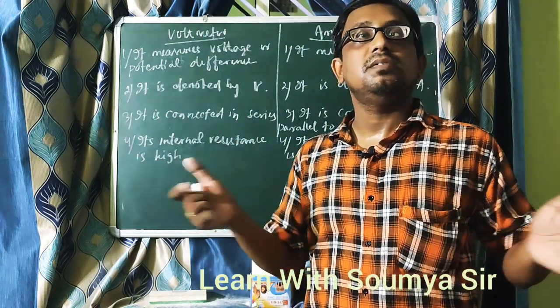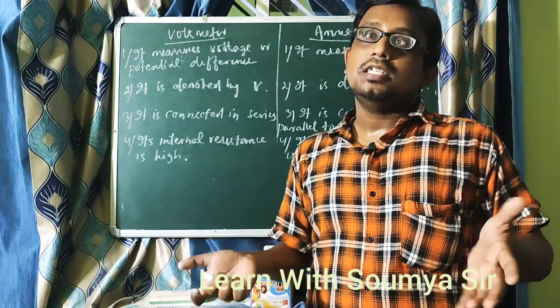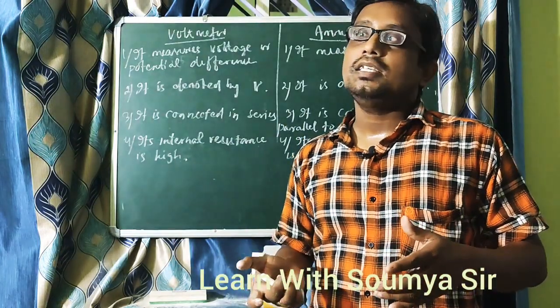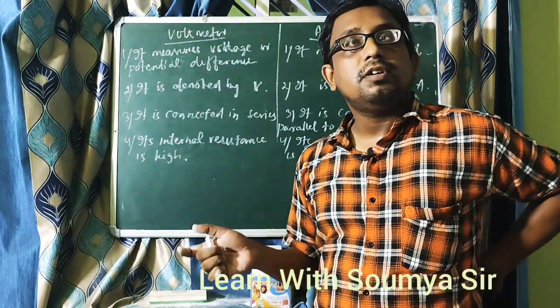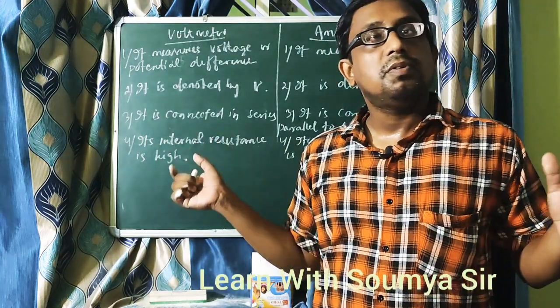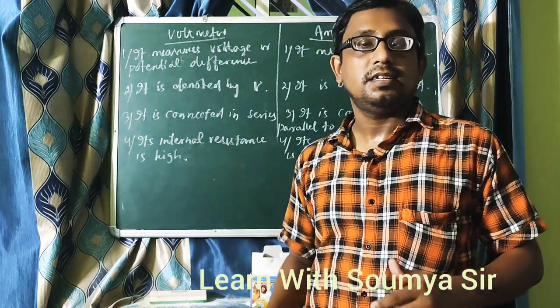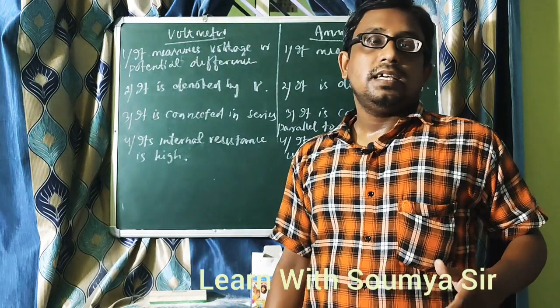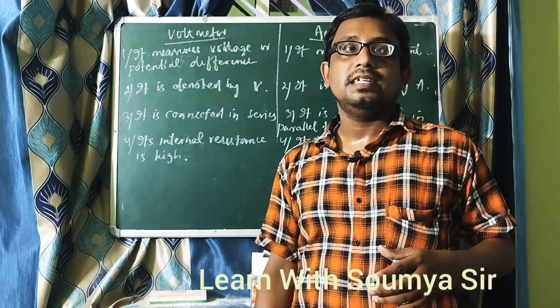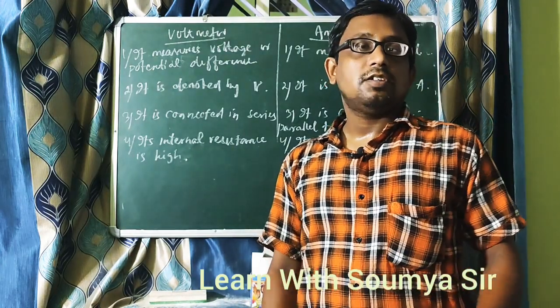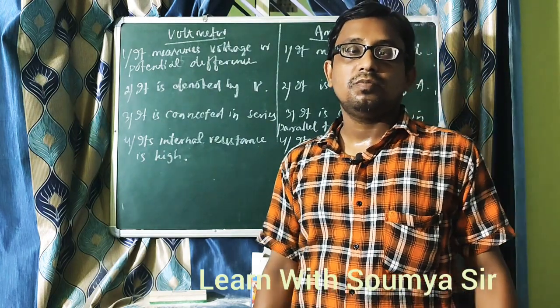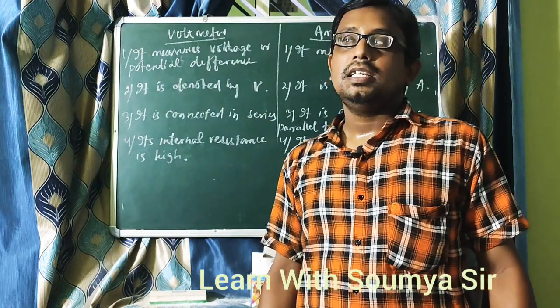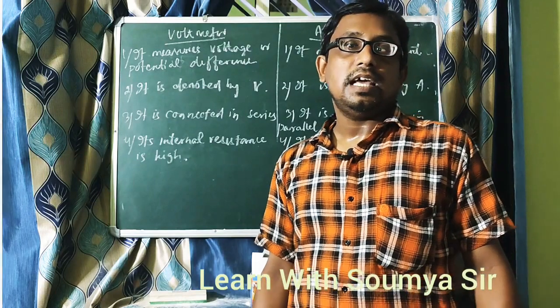Galvanometer is not a measuring device, it is just a detecting device to show whether current is flowing or not, and the galvanometer also detects the direction of the flow of current in the circuit. Clear? So I think up to this it is clear to you. You will solve the numerical problems from your book, and any doubt you will message me. Thank you everybody.